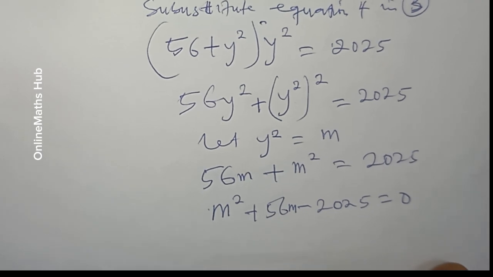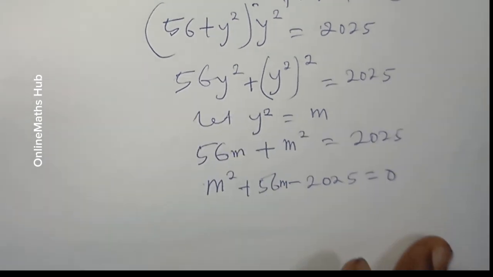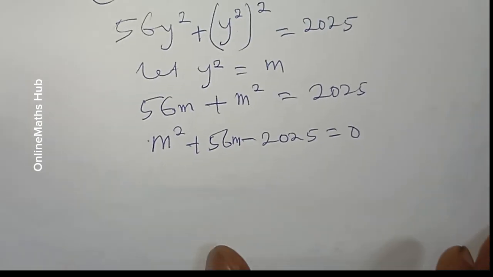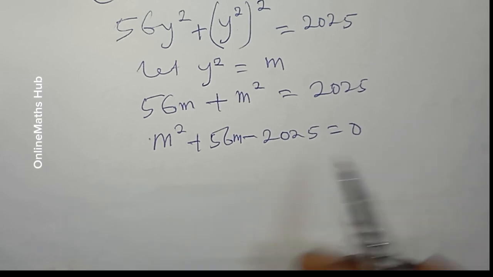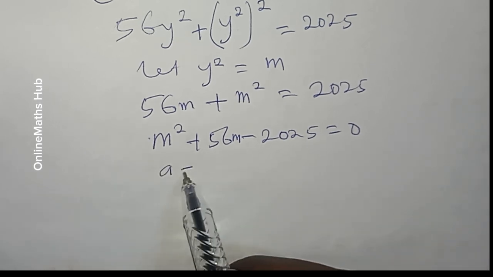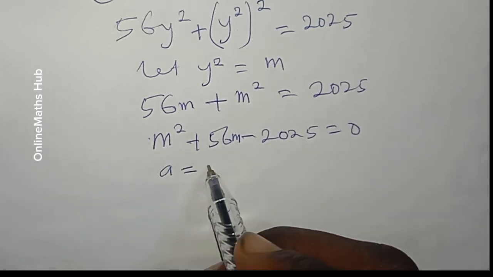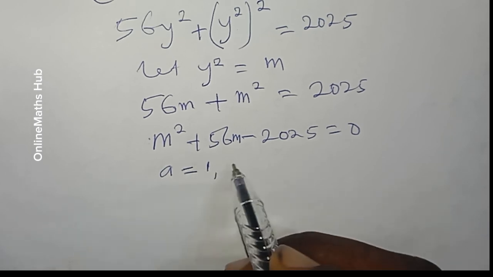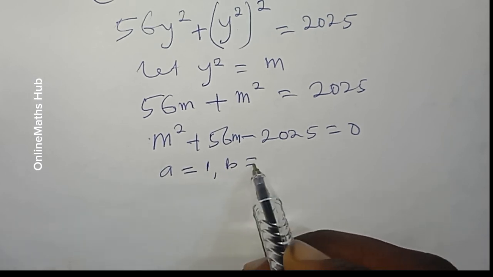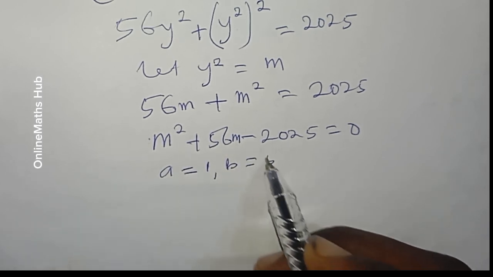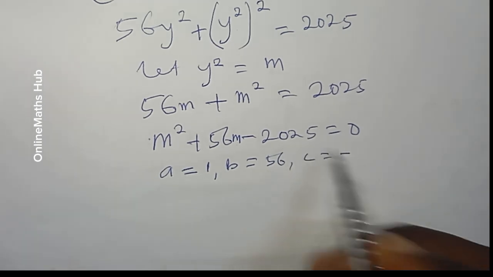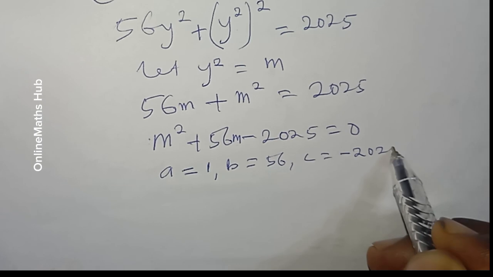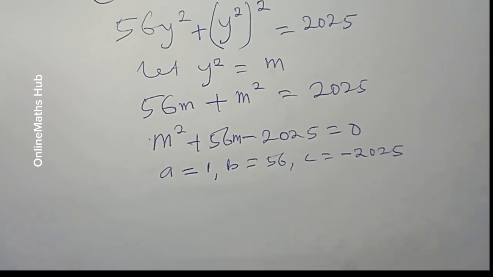Obviously you can see that this is a quadratic equation, and we can use the formula method to solve this. In the formula method, we need to find our a, which is the coefficient of m squared, in this case equal to 1, and our b, which is the coefficient of m, equal to 56, and our c, which is the constant here, equal to negative 2025.